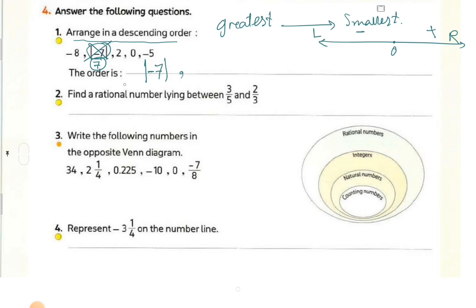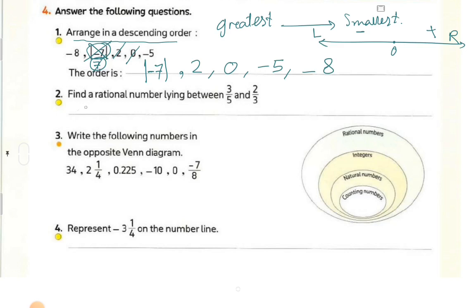Next 0. Okay, we finished all positive. So we have -5 and -8. Which one is the greater? Of course, -5. And the smallest one will be -8, to the left. Okay, now we arranged them from the greatest to the smallest.